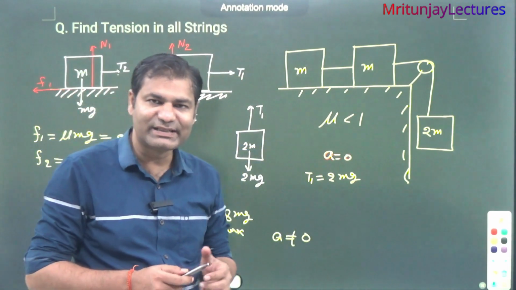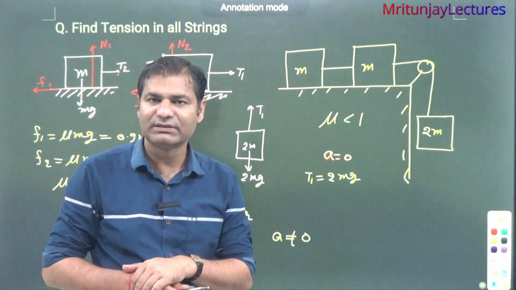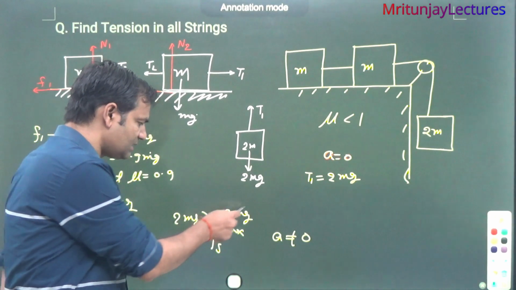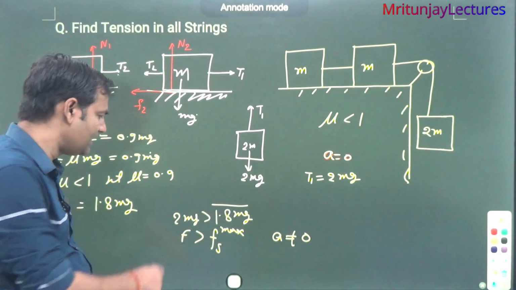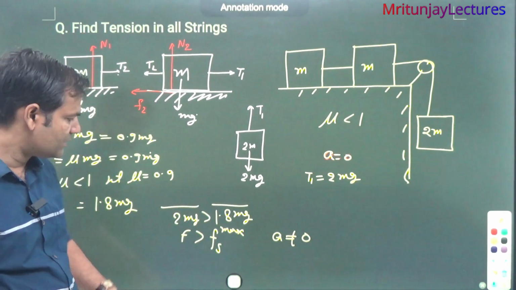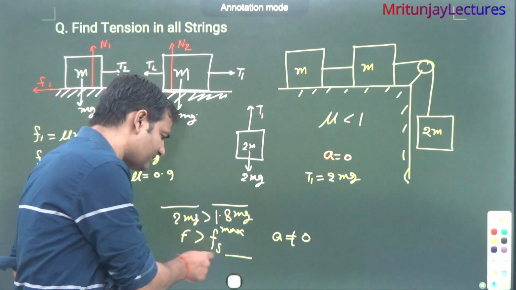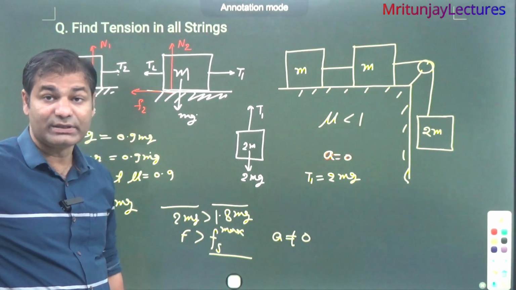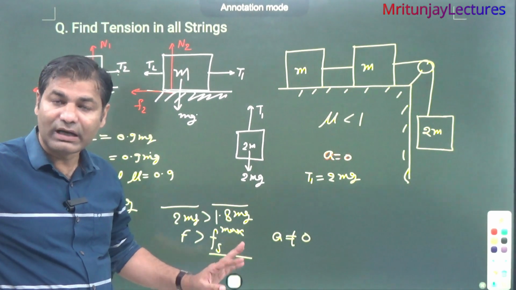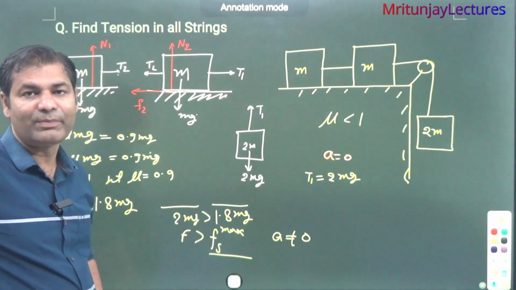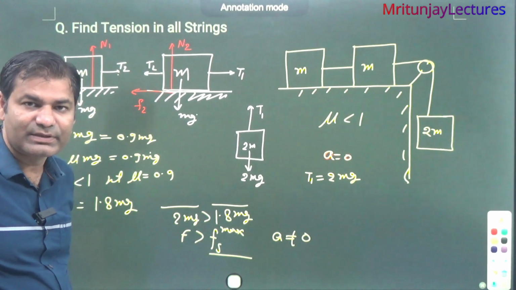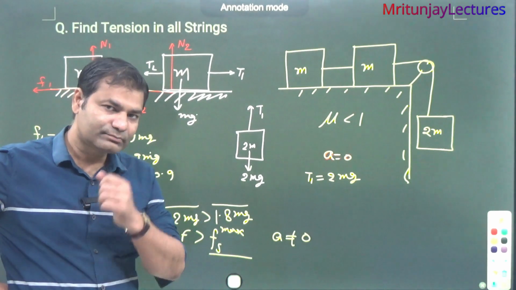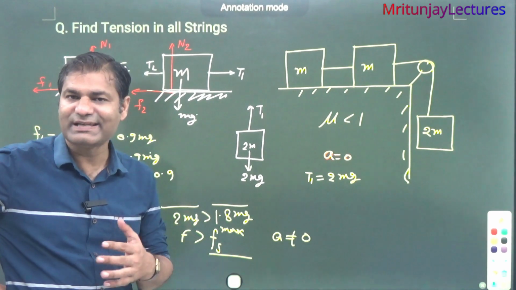So 2mg is greater than 1.8mg. That is the static frictional force and that is the applied force. Applied force is greater than static frictional force, so motion is allowed. I have already discussed that if the applied force is greater than the maximum static frictional force or limiting force, then motion is allowed, meaning a is not zero.